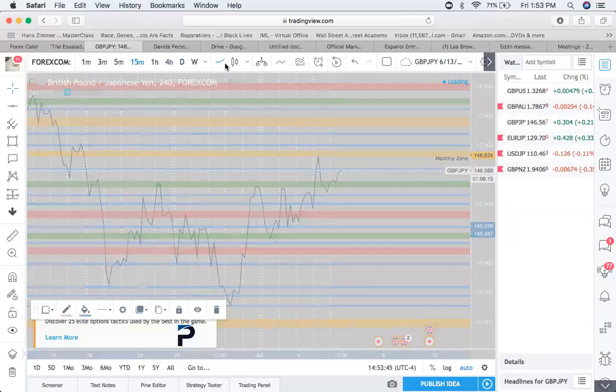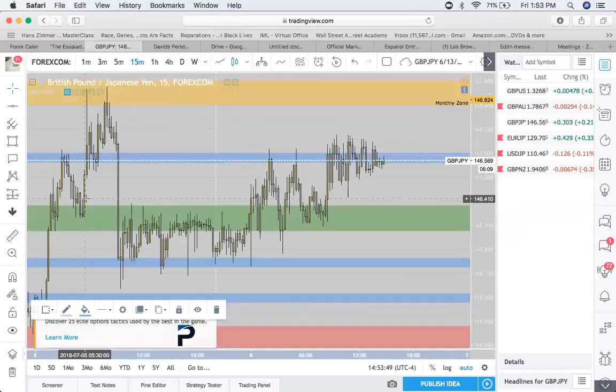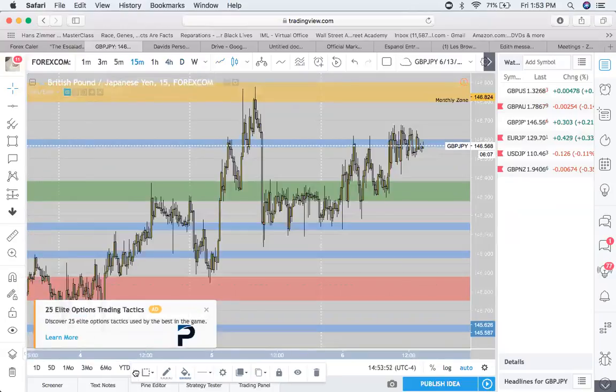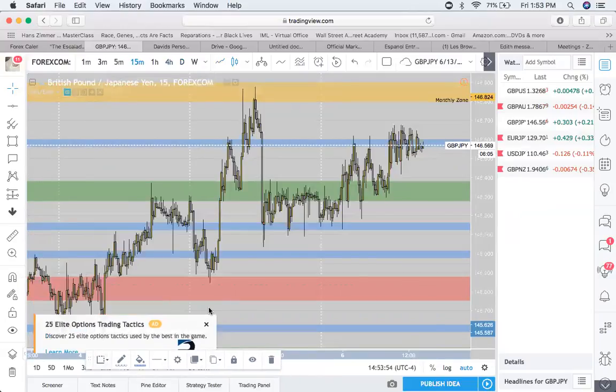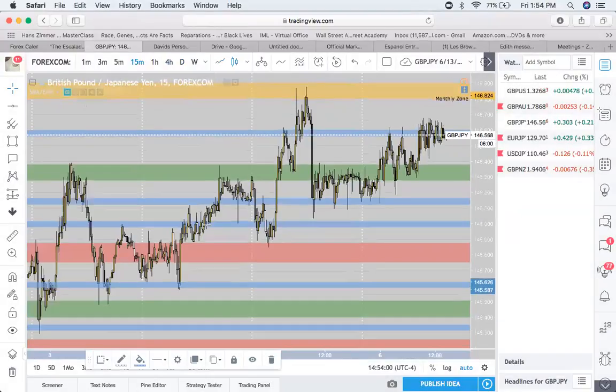One thing I really wanted to do was to actually show you guys how I use my supply and demand zone as well. Yes, it's good to teach you what you guys can add onto your trading, but it's also to show you.